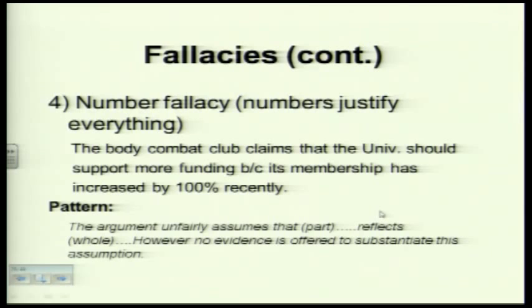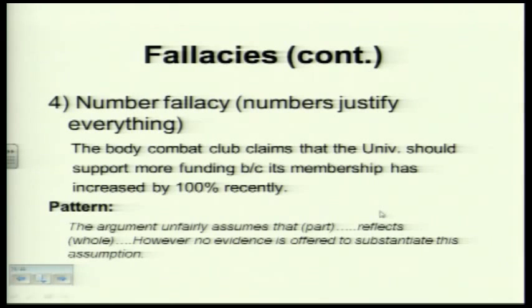And the next one, the number fallacy, is another one that you'll find a lot on the GRE test, okay? So basically, a person uses a number to justify the conclusion that he or she makes. For example, the Body Combat Club claims that the university should support more funding because its membership has increased by 100% recently, okay?